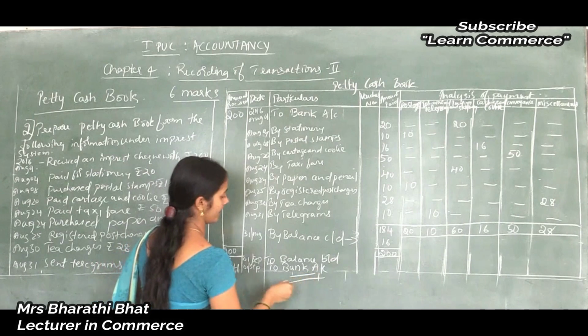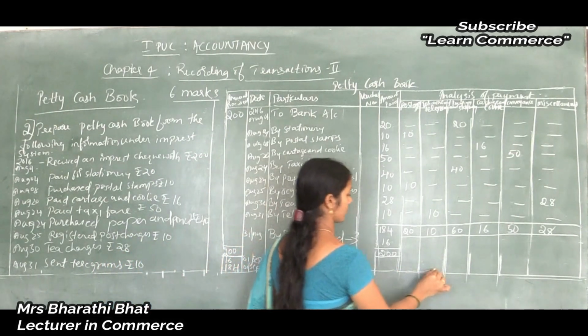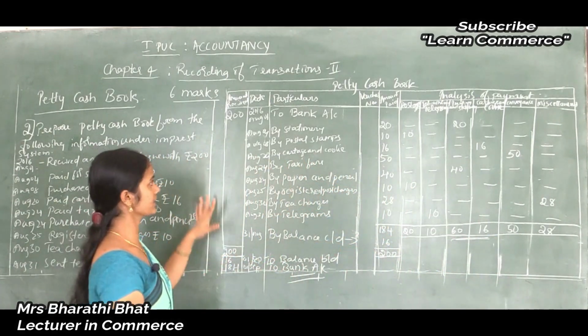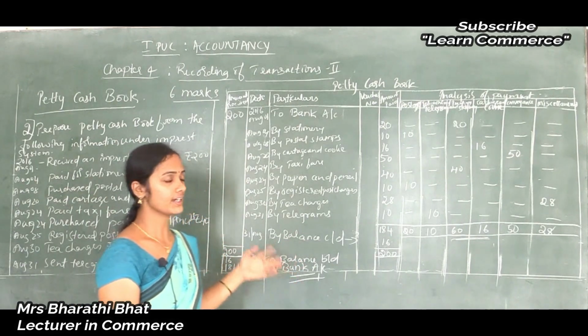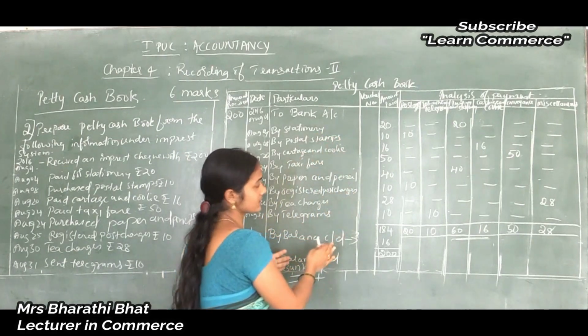Here is the end. Close the account. Close the book. Clear, right? I think there is no doubt in this, because it is very simple and easy. Just you need to understand this concept.